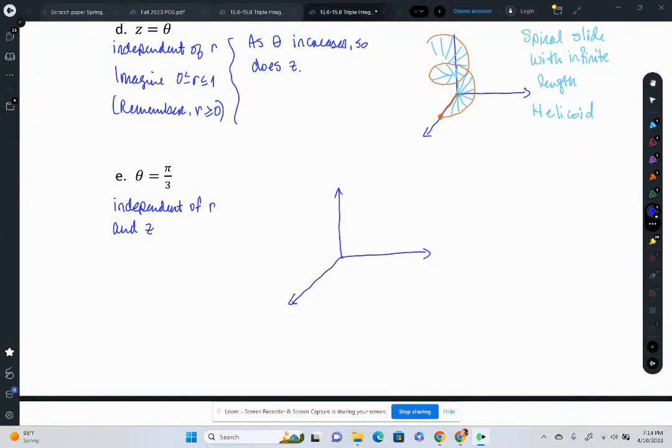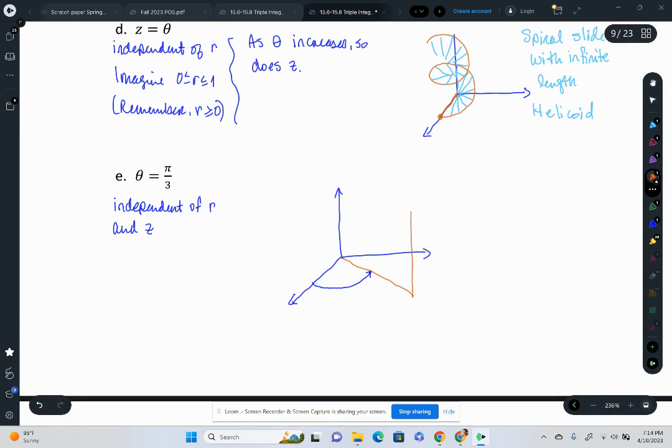Theta is the positive angle made with the x-axis. So if I was to sweep out by pi thirds, I would be about right here. And then I could draw a line. We can assume that this line goes on forever, okay? Because our equation is independent of z, I know that this line needs to now extend and run parallel to z.